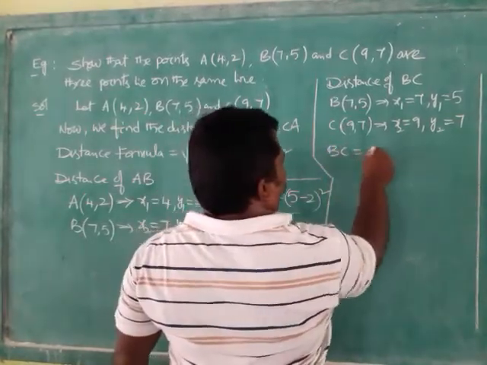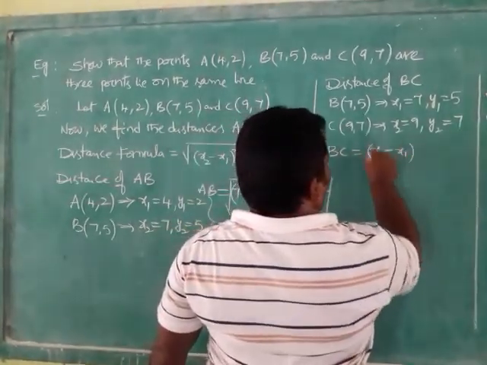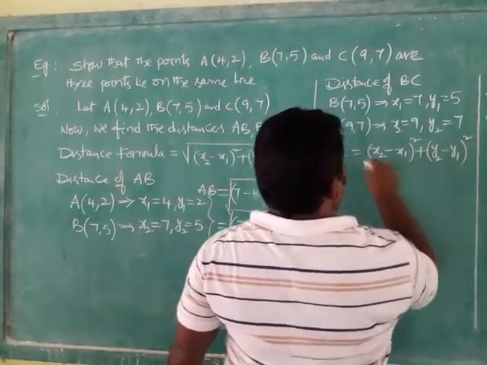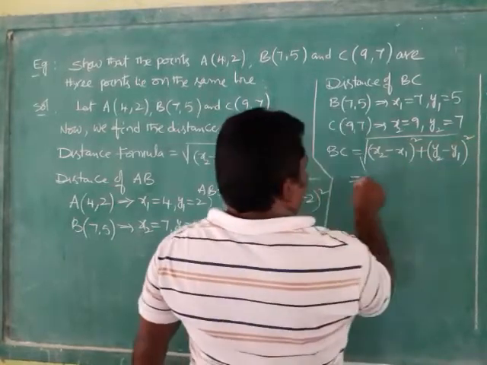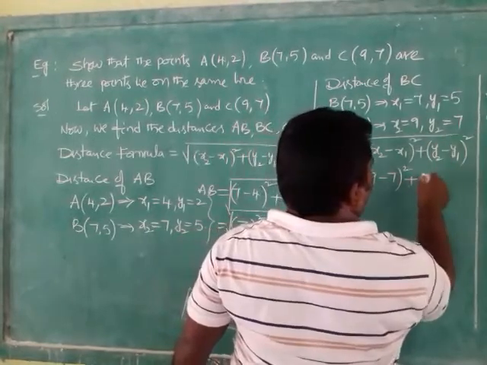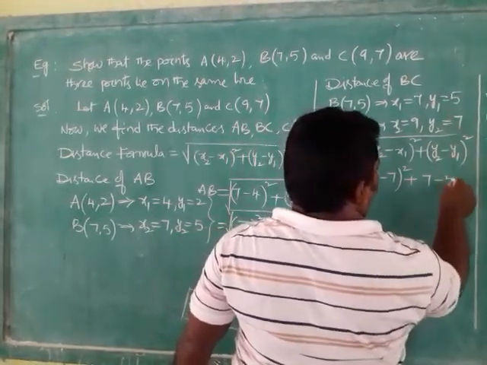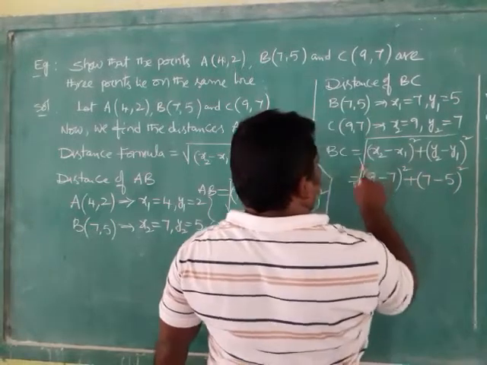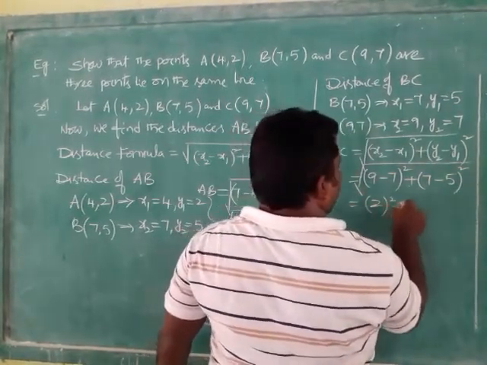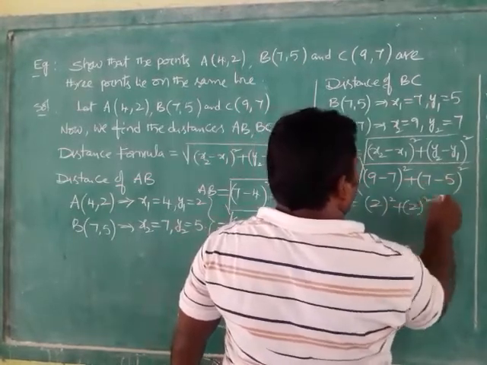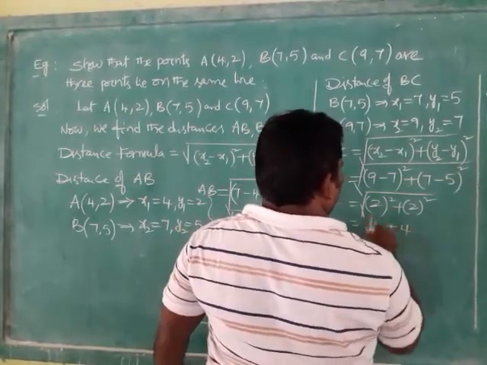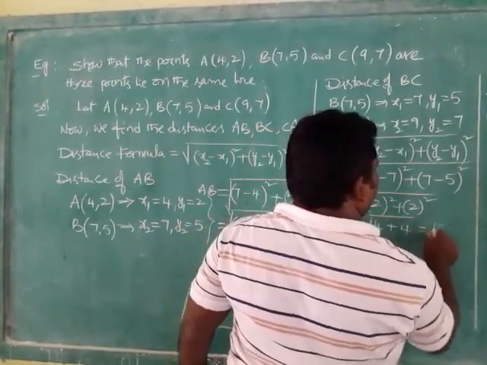Therefore BC is equal to the square root of (x2 minus x1) whole square plus (y2 minus y1) whole square. Now x2 value is 9 minus 7 whole square plus y2 value is 7 minus y1 value 5 whole square, which is equal to 9 minus 7, that is 2 whole square, plus 7 minus 5, that is 2 whole square, which is equal to 4 plus 4, that is 8.